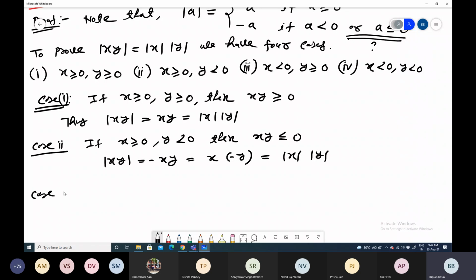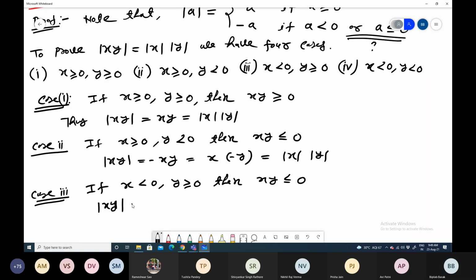Now if you look at case 3, if x less than 0, y bigger equal to 0, then xy less than equal to 0. So mod of xy equals minus xy, we can write it as minus x into y, and that is mod x mod y.